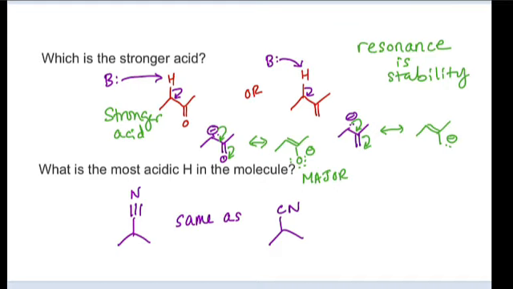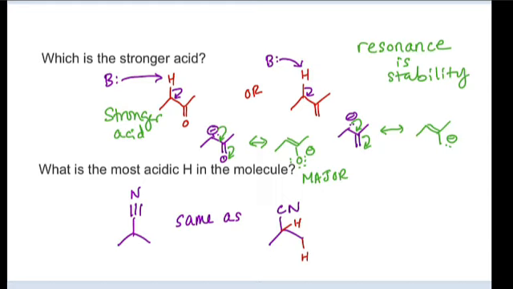So it's a cyano group, a C triple bond N, and given all of the protons that are there in that molecule, we would want to be able to find the one that would be most readily abstracted. So in essence, I'm asking, is it this type of proton, or is it one of these?